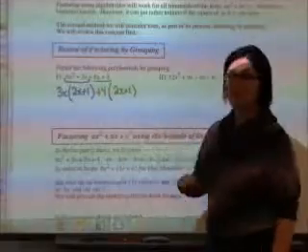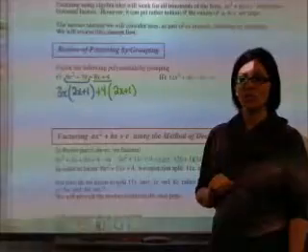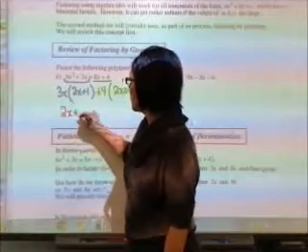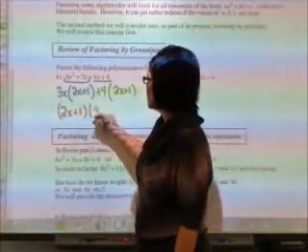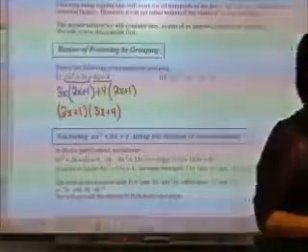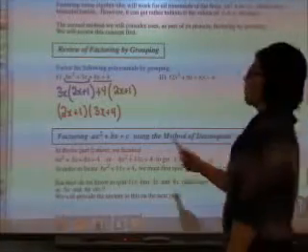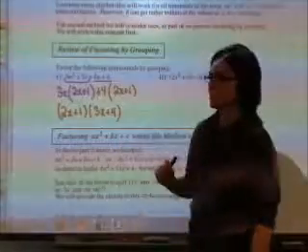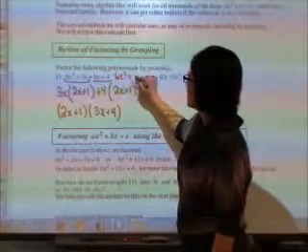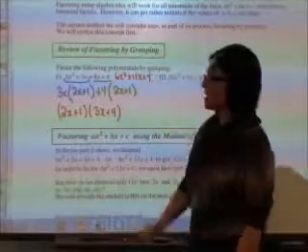Do I have a common factor within those binomials? 2x plus 1. So I could remove the 2x plus 1, and that would leave me with a 3x plus 4. And by the way, this 6x squared plus 3x plus 8x plus 4 was my 6x squared plus 11x plus 4 that we had at the beginning of the lesson.